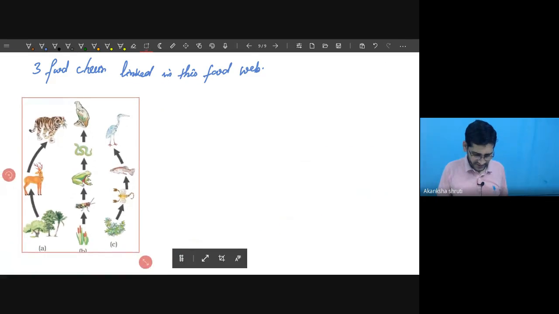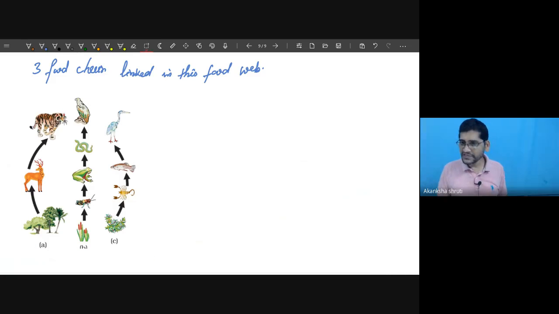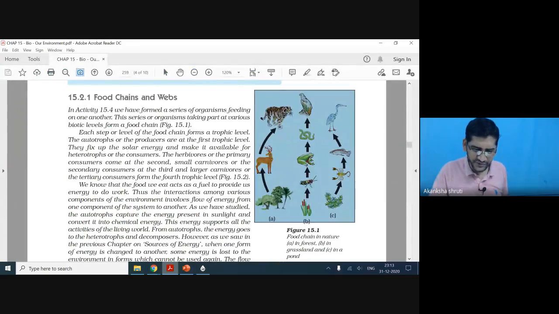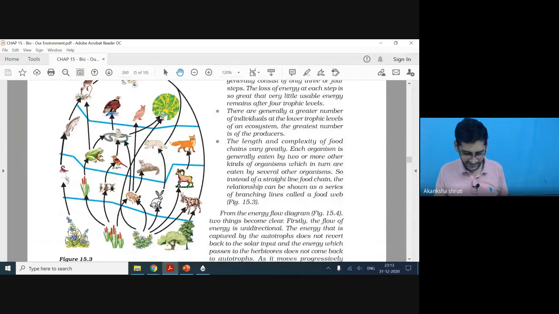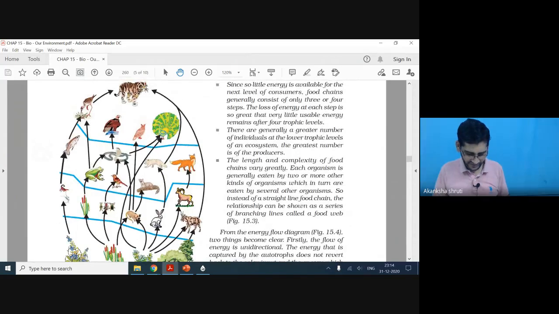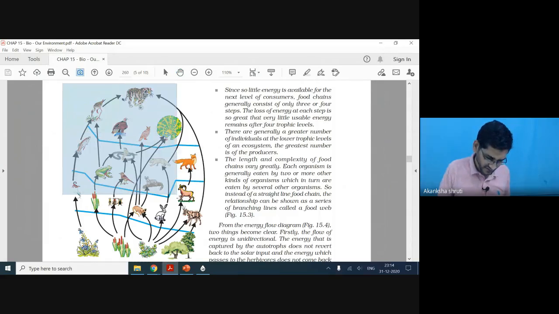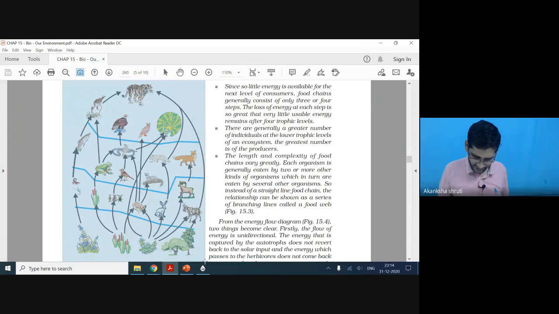So this part is just the simple food chain, but simple food chains are not common. Most common is complex food chain or interconnected food chain. So these interconnected food chains are called food web. Like here it is a food web. Getting it, students? So those things you have to keep in mind.